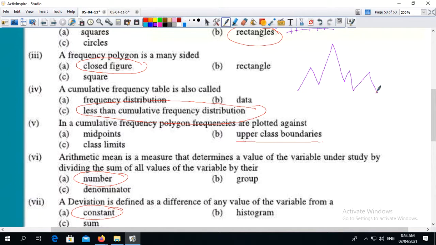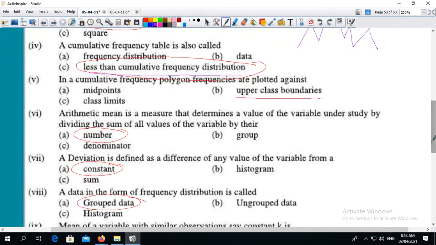Fourth one: a cumulative frequency table is also called less than cumulative frequency distribution. Fifth one: in a cumulative frequency polygon, frequencies are plotted against upper class boundaries.